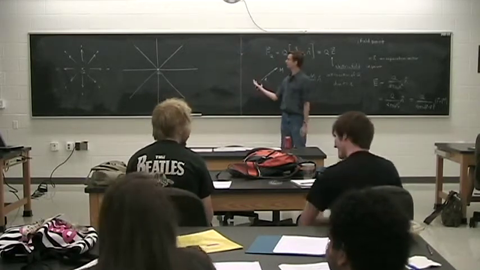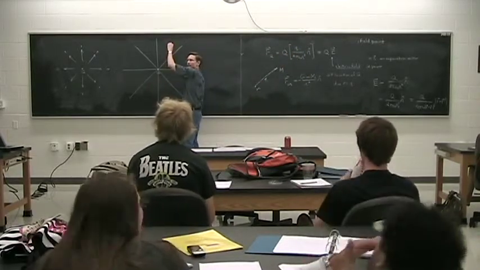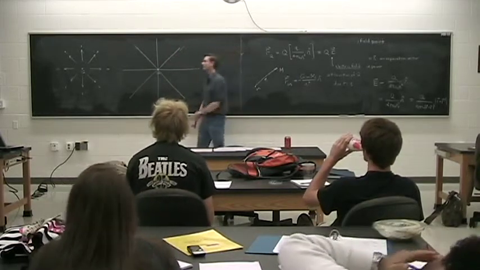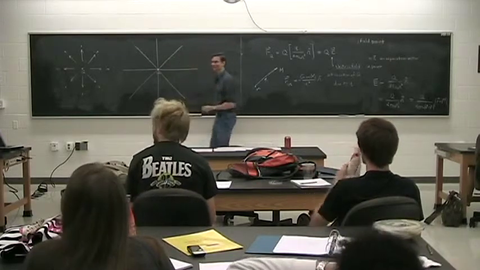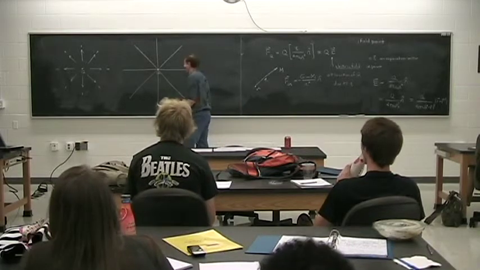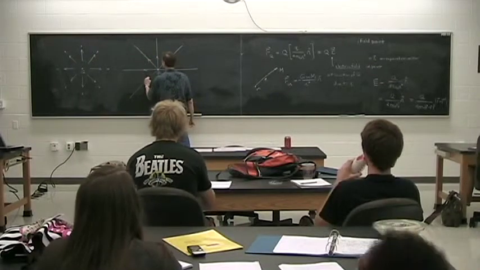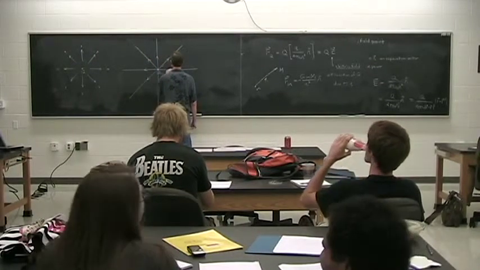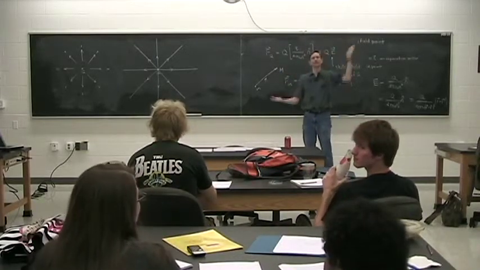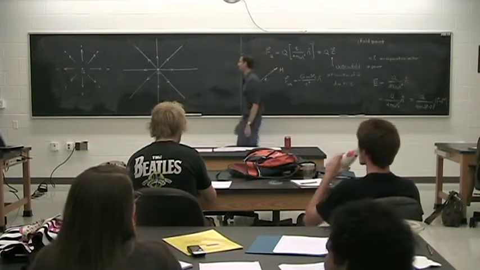And then we draw arrows on the field lines to indicate which direction the electric field is pointing at those locations. The spreading of the field lines, that they're getting further apart, indicates the diminution of the electric field in this case.